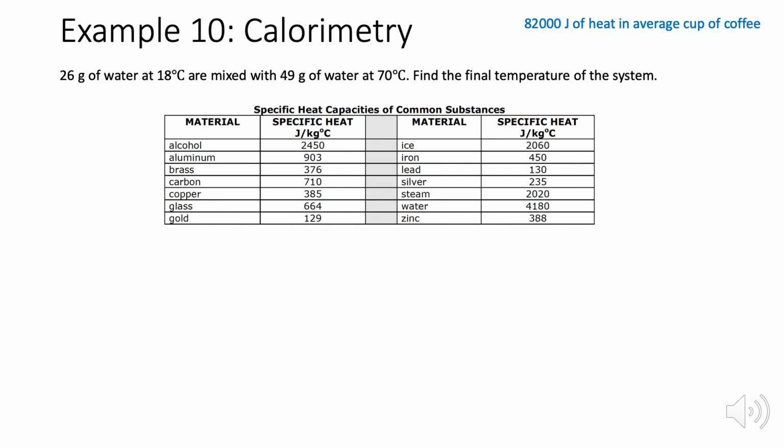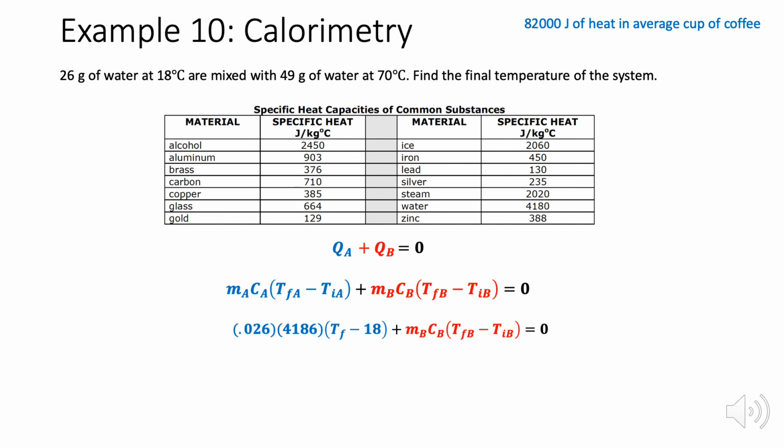The mass of the first sample of water is 0.026 kilograms. The specific heat is 4,186. And the initial temperature of that water is 18 degrees Celsius. For the second case, I have 0.049 kilograms of water. I know the specific heat and I'm looking for the final temperature, but it tells me the initial temperature is 70 degrees.